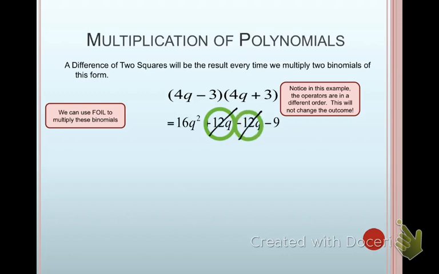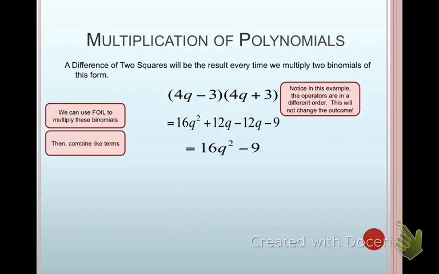And we would just be left with 16q squared minus 9. Again, this is a difference of two squares. It's subtraction, difference, and 16 is a square and 9 is a square.